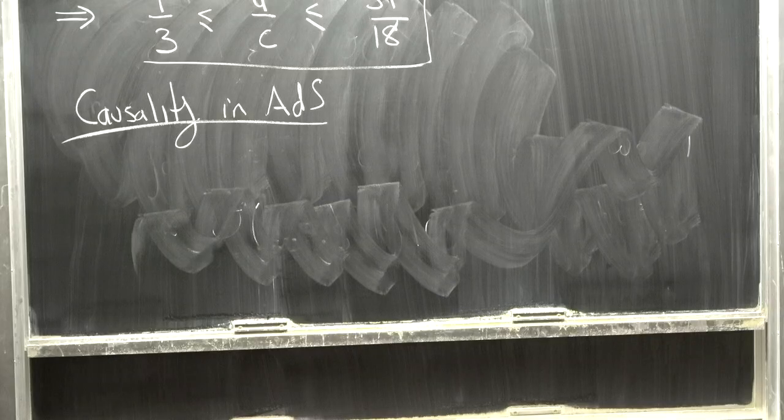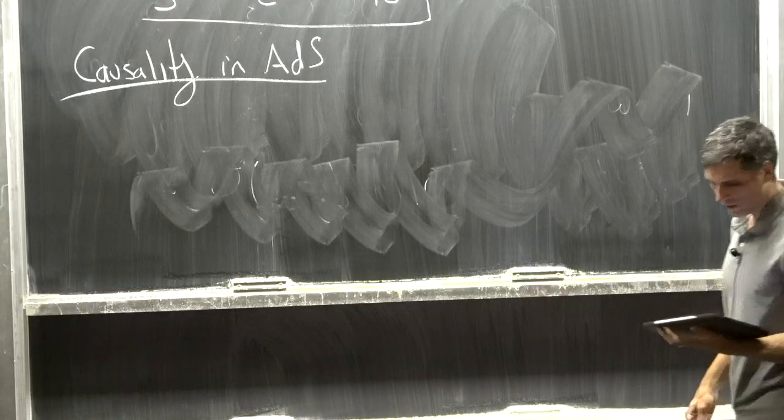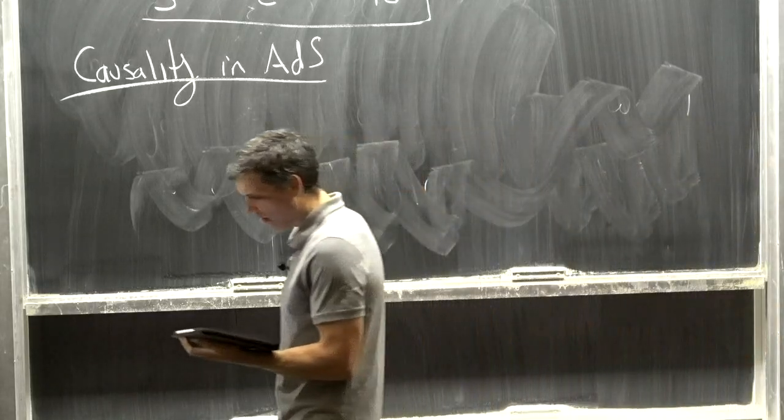We've been talking about causality in these lectures, but that was causality in CFT. There's certainly a connection between the two, but now we have to change our point of view a little bit and think about causality for processes happening in AdS.